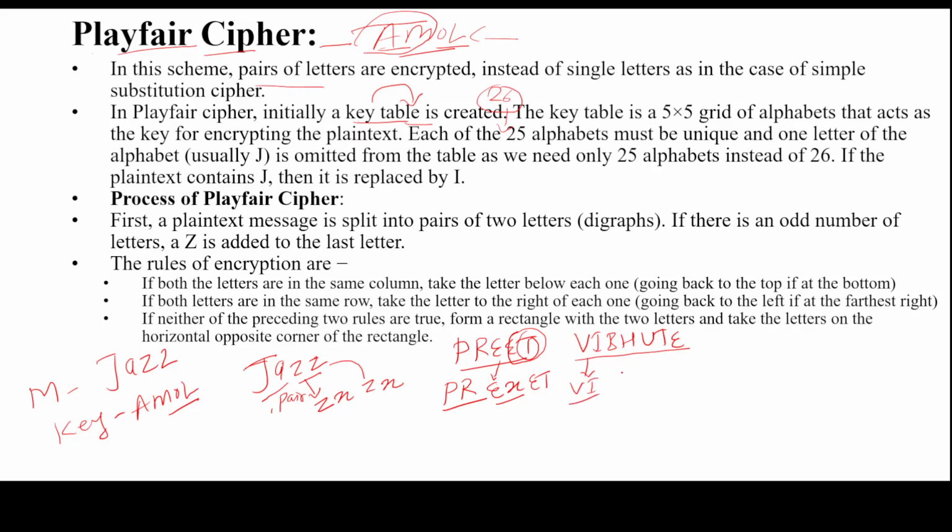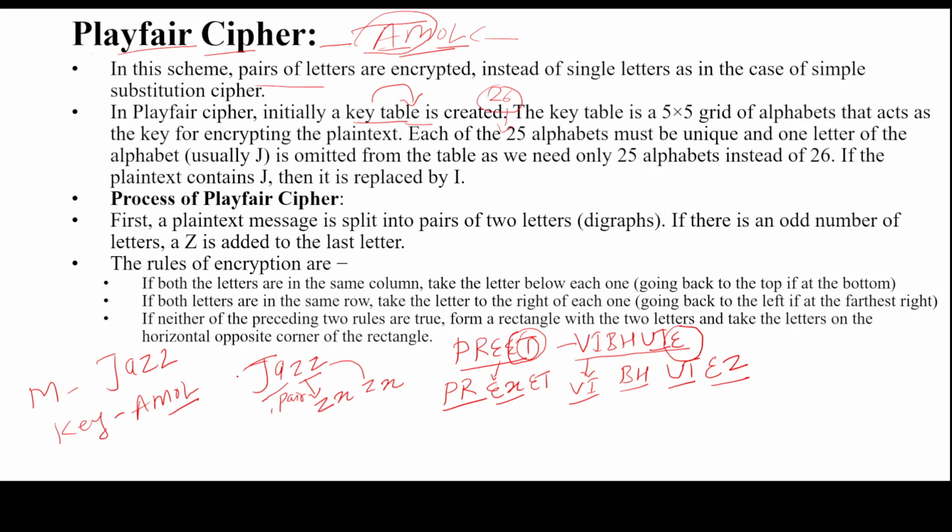VI will be the first pair. BH will be the second pair because there are no repeated letters here. UT is the third pair. Now what about this E? So the rule is saying that if there is an odd number of letters, append Z to the last one. Okay, so here we are adding the Z. So likewise, these two rules for pairing the original message we have to remember.